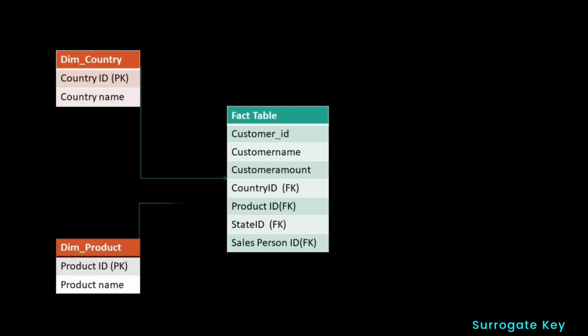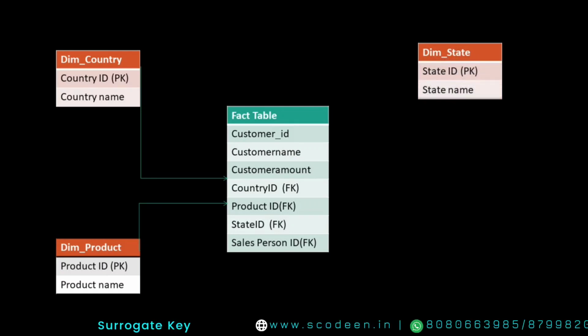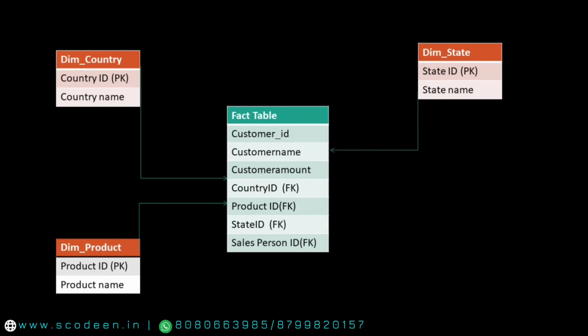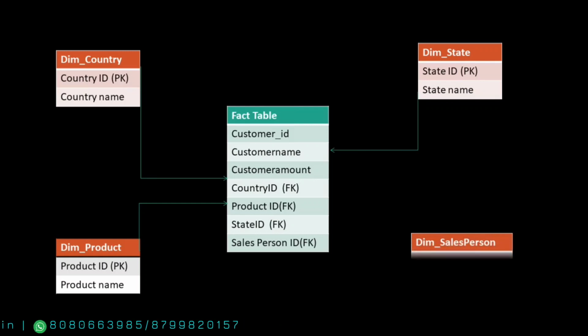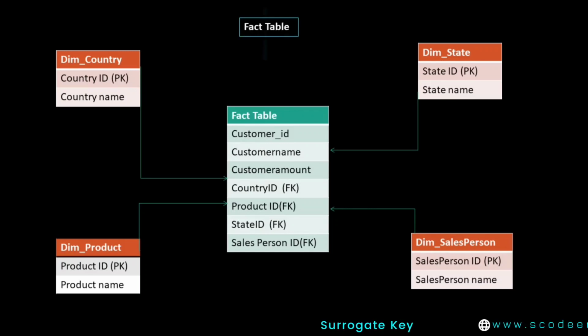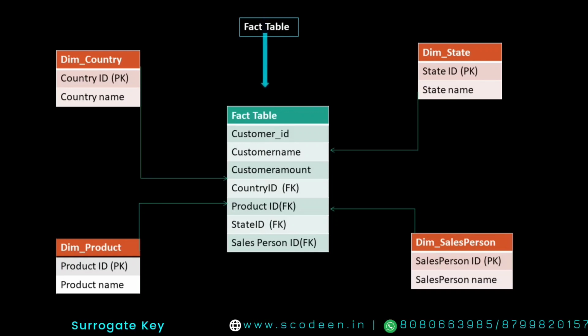So dimension country table is having the primary key, that is country ID, and dimension product table is having product ID is the primary key, and dimension state table, that is state ID, is the primary key, and salesperson dimension table, salesperson ID is the primary key. It is connected with the one fact table.